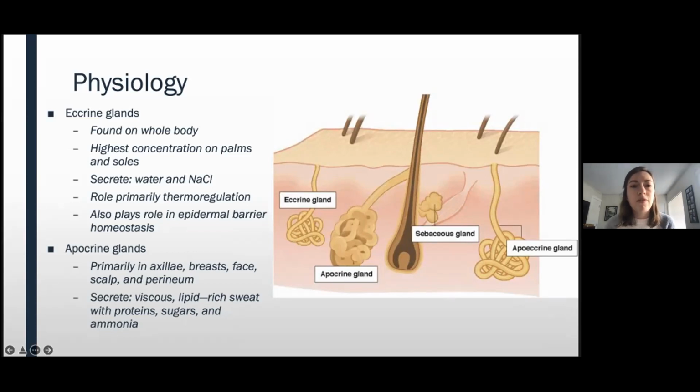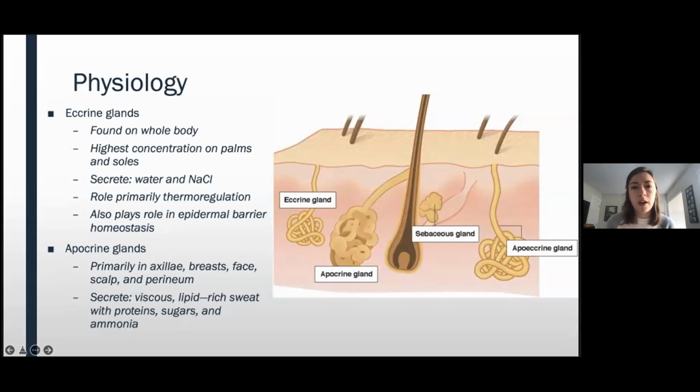They are primarily found in the axilla, breasts, face, scalp, and perineum, around hair-bearing areas of the body. Their role is less well understood. There's some thought that this is involved with pheromones and maintaining that microenvironment as well, but again, not as well understood. They secrete a viscous lipid-rich sweat with proteins, sugars, and ammonia.